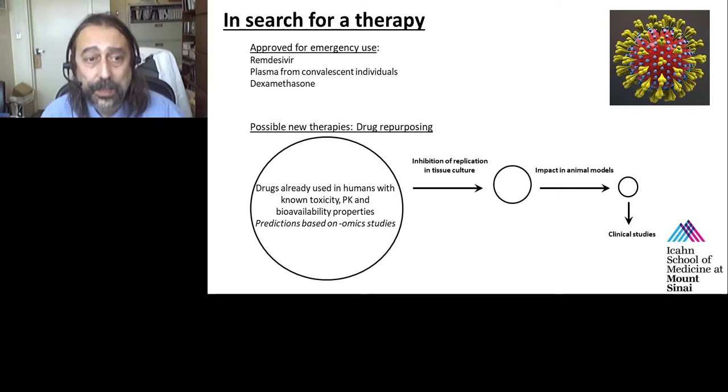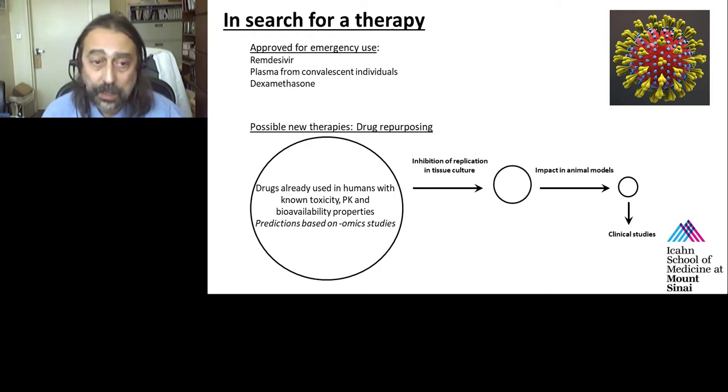Now, we know already that there are some compounds that have been approved for emergency use. Remdesivir is an inhibitor of the RNA-dependent RNA polymerase of the virus. Plasma from convalescent individuals has antibodies that are able to prevent replication of the virus, by binding to the spike, preventing binding of the virus to the receptor.